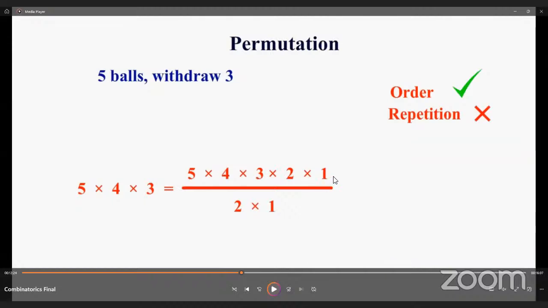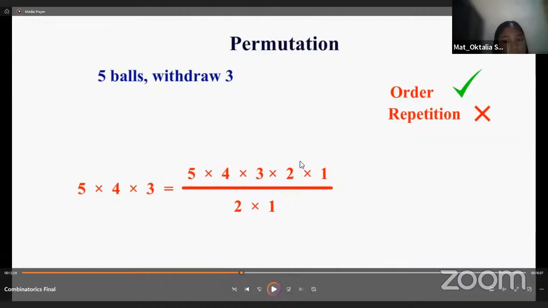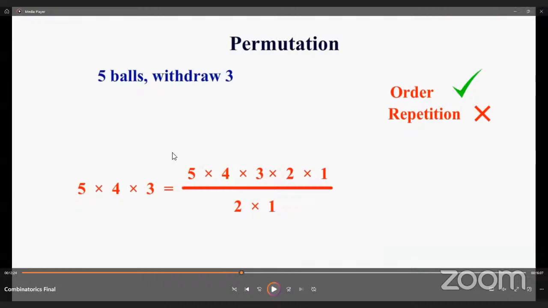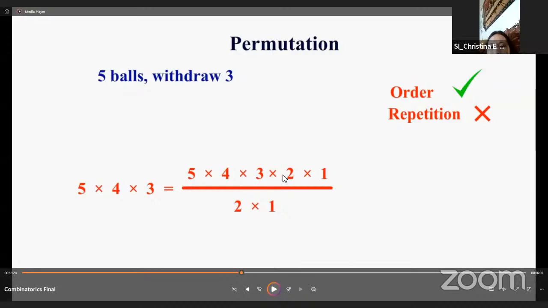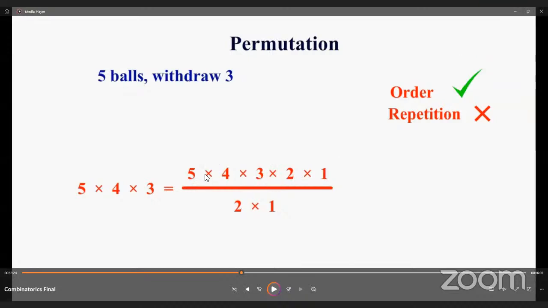Yeah. So again, I'm not so concerned about the result, but how you solve it. 5 factorial. So that's the answer. 5 factorial.